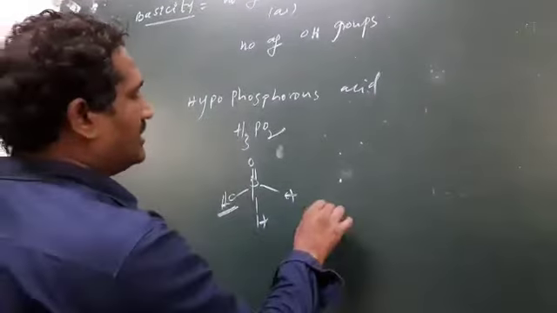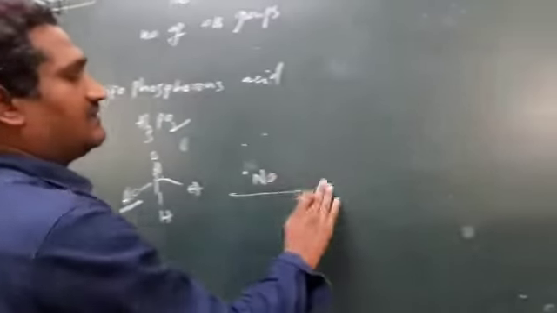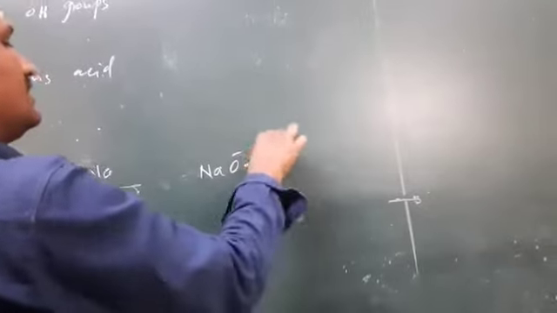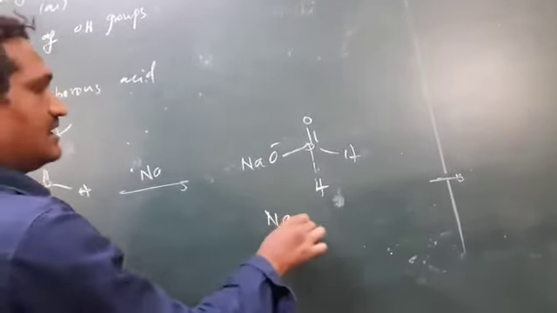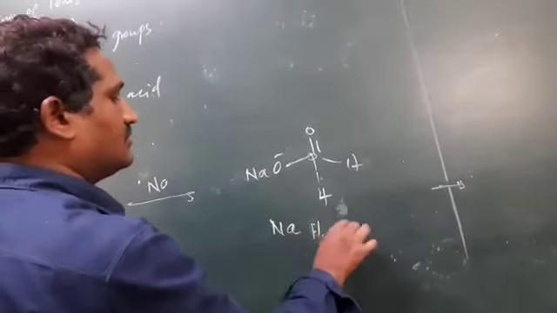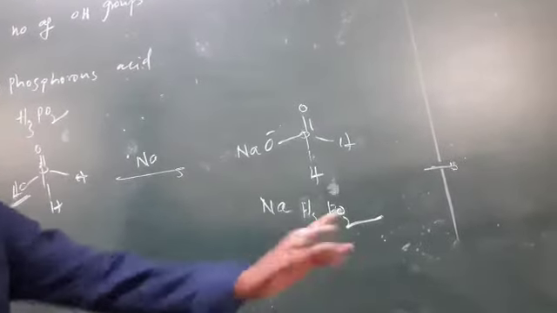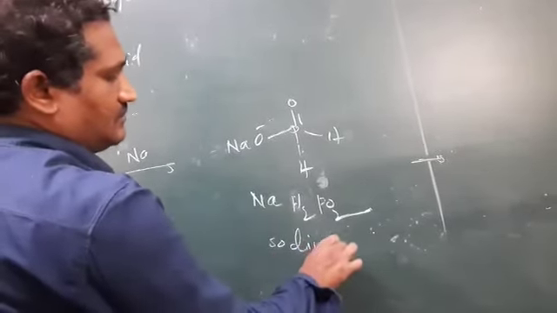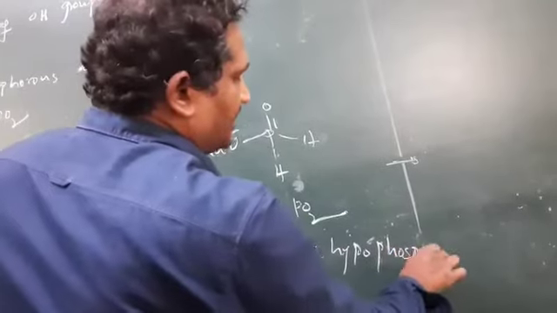That means this hydrogen can be displaced when treated with sodium, giving NaH2PO2, sodium hypophosphite.